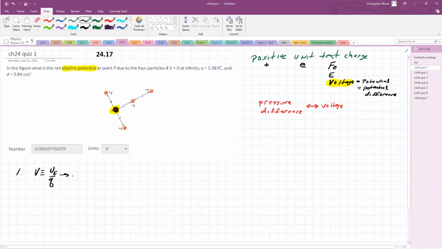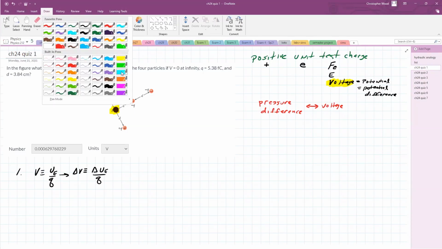And if we deltaize that, or look at the changes, change in voltage is defined as the change in electrostatic potential energy per charge. And usually we're interested in tracking the changes in values versus their absolute value. Not all the time, but typically. So this is the definition of voltage.